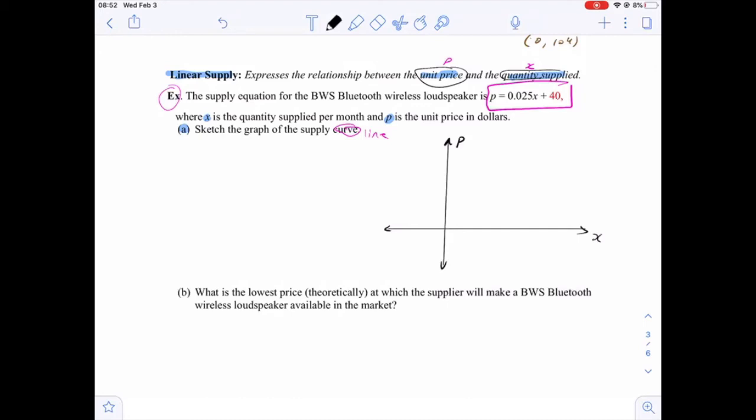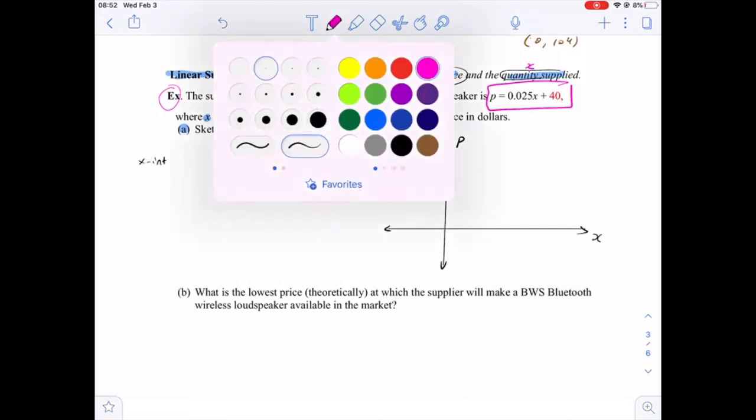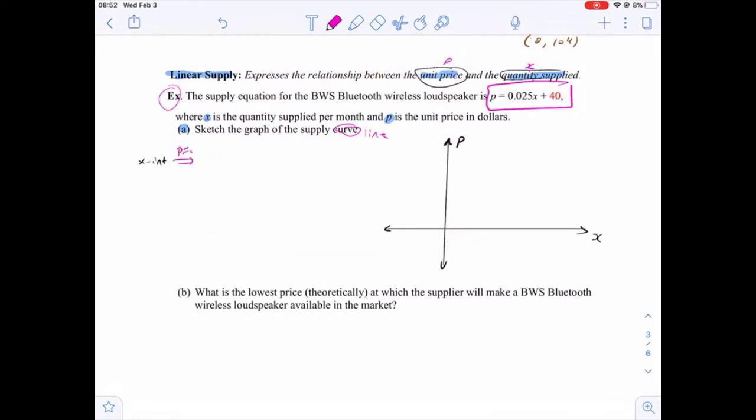In order to graph this line, we need to find the x-intercept and the y-intercept. Let's start with the x-intercept. That means p equals 0. So we have 0 equals 0.025x plus 40, and then we solve for x. So negative 40 equals 0.025x, and then we divide by the coefficient of x.